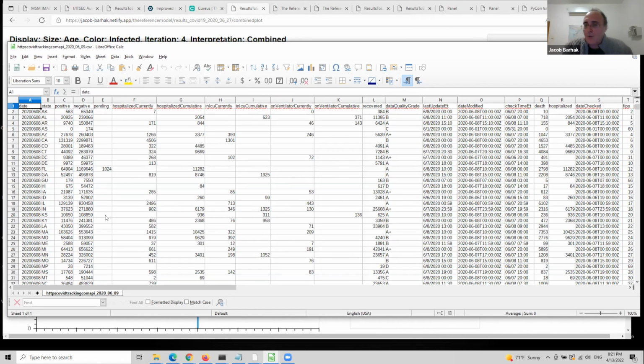The numbers I'm looking at are for the US for each date: the number of positive tests reported, which doesn't mean the exact number of infections per state, the number of negative tests reported, and the number of deaths, recoveries, and hospitalizations, reported per each date.